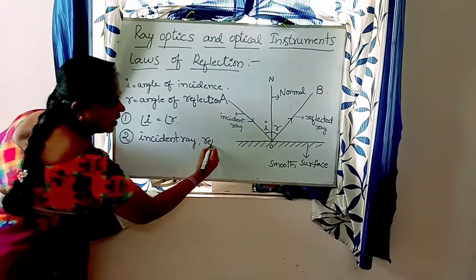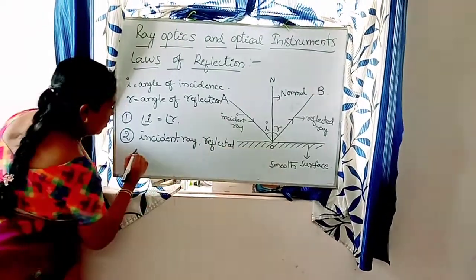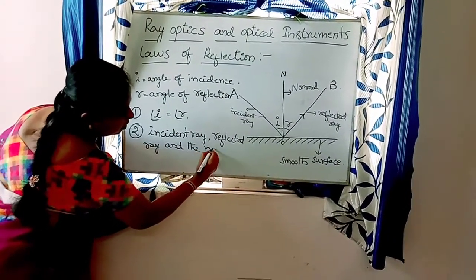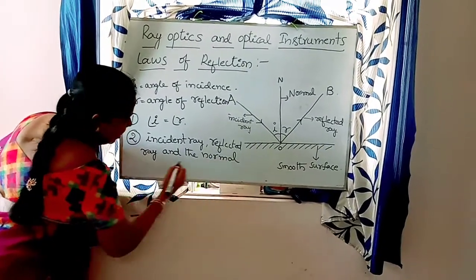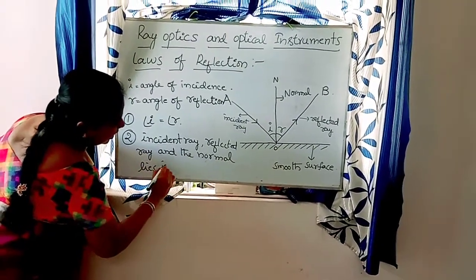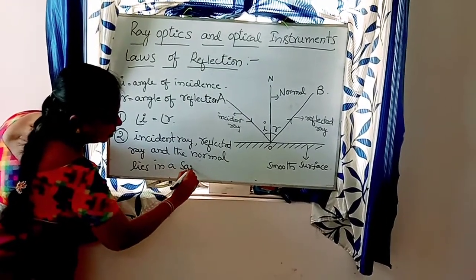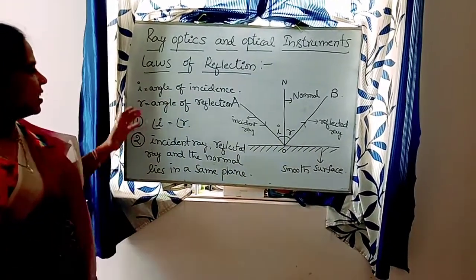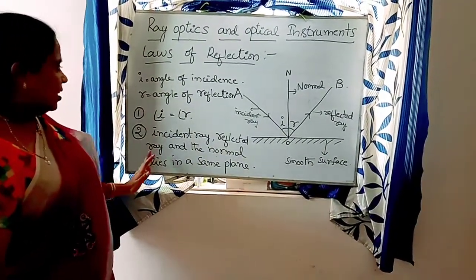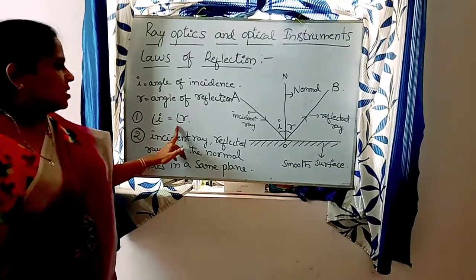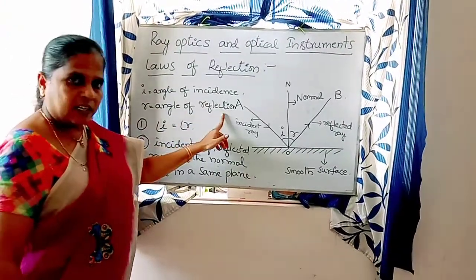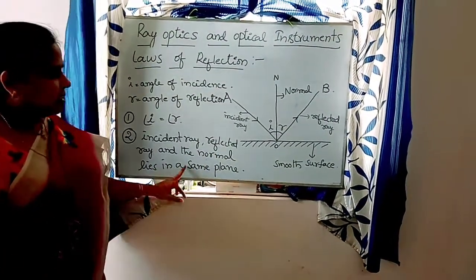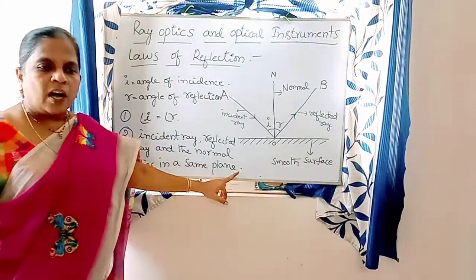So these are the two laws of reflection. First one is the angle of incidence equals the angle of reflection. Second one is the incident ray, reflected ray and the normal lie in the same plane. So, understood?